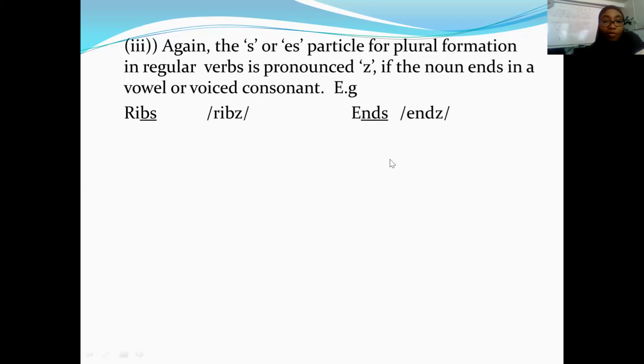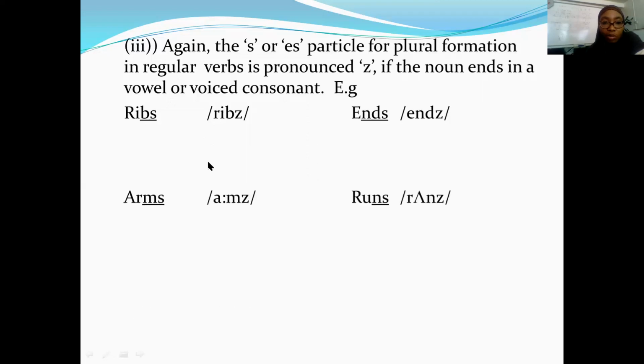Example, you have the word ribs, ends, hands. That's because this letter b, or sound b, is a voiced consonant. So the letter s after it, signifying the plural form, is pronounced z.